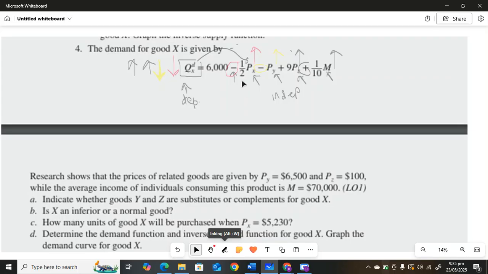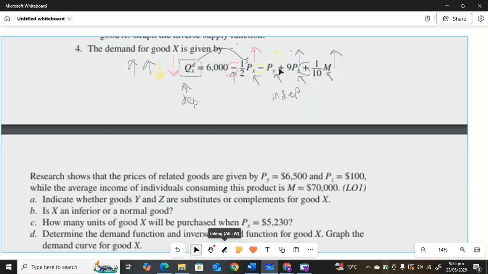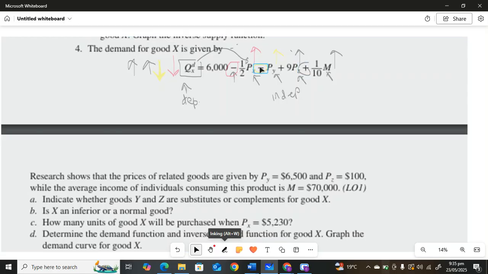So these signs will be able to tell us which ones are substitutes or complements. Let's look at good Y. If the price of good Y goes up, it means the quantity demanded of good X goes down. Does this sound like a complementary or a substitute good?